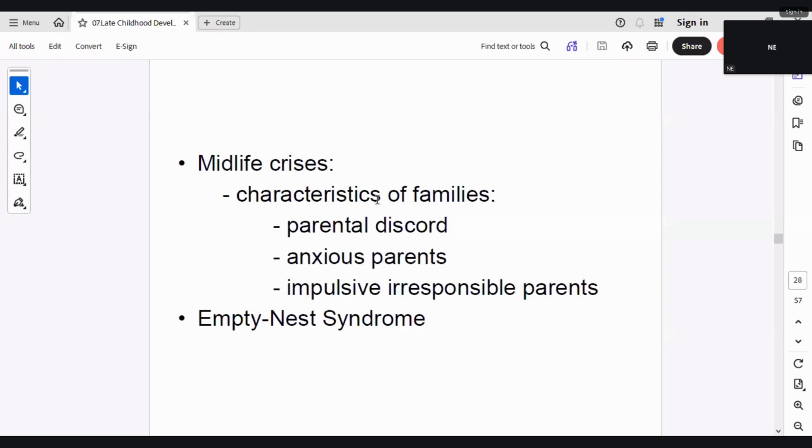Midlife crises would occur more so if someone comes from a family where there's a lot of parental discord, where their parents were anxious, or impulsive or irresponsible. So these are things that could set up a person to have a midlife crisis.